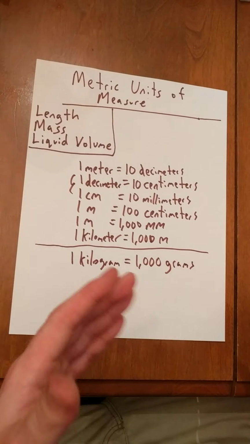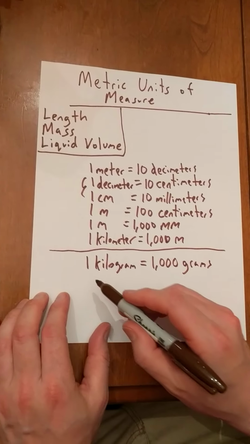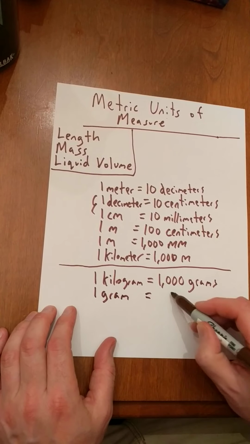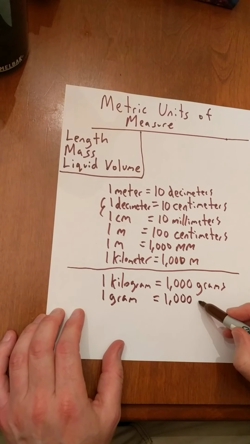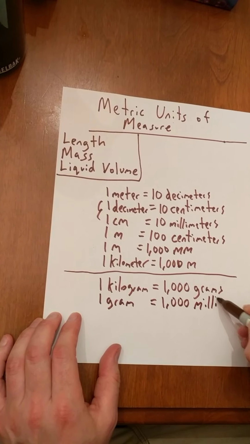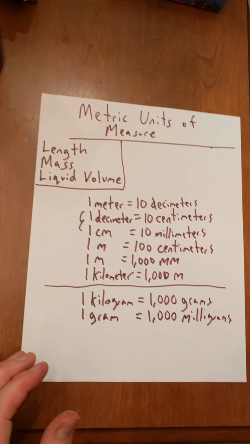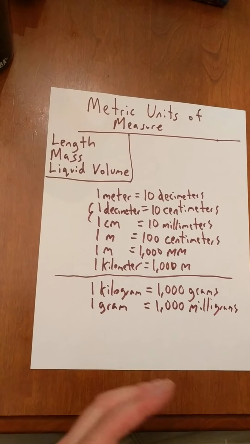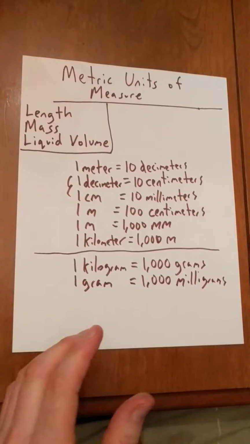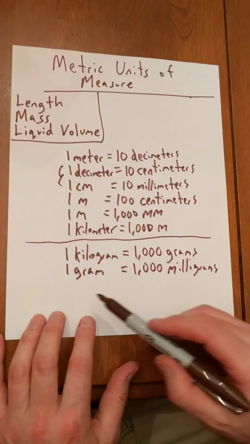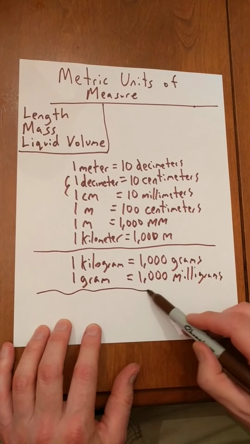It's just multiplying by 1 and then adding the 3 zeros back on. 1 gram is equal to 1,000 milligrams. And you'll see the pattern, milligram. There's no such thing as a centigram. I'm not sure why, but 1 gram is equal to 1,000 milligrams. And that's all you need to know for mass. Again, mass is another word for weight.